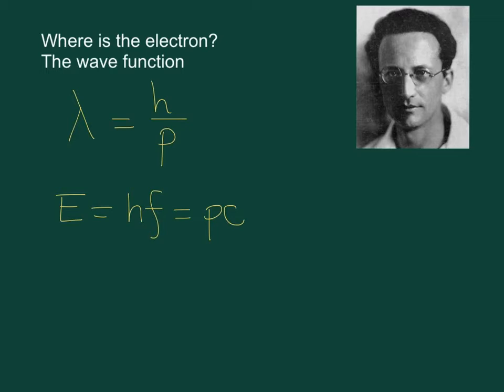And so what de Broglie came up with was that perhaps if this light could behave as a wave in the sense of the frequency description, perhaps matter could act as a wave.